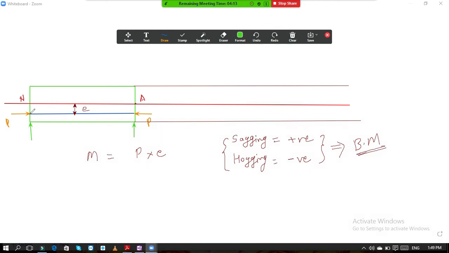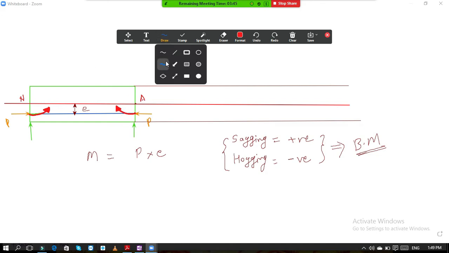See, this force will rotate in this direction. Now, if I rotate this force about the neutral axis, and if I rotate this force about the neutral axis, this is the direction. Okay. So if you look at the direction carefully, both these forces will try to move the beam in upward direction.